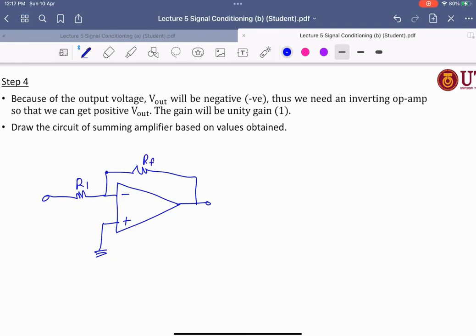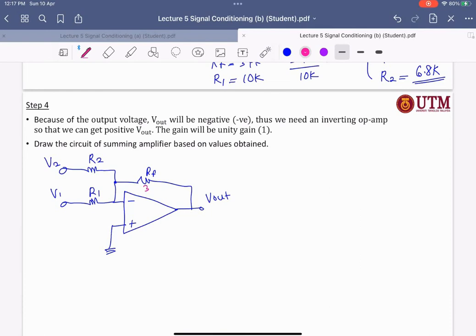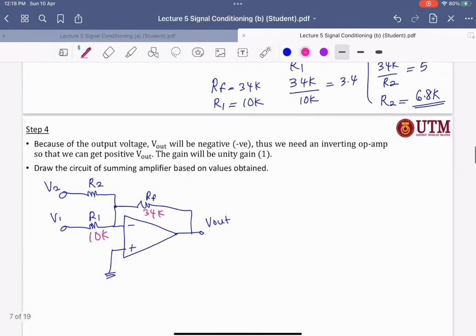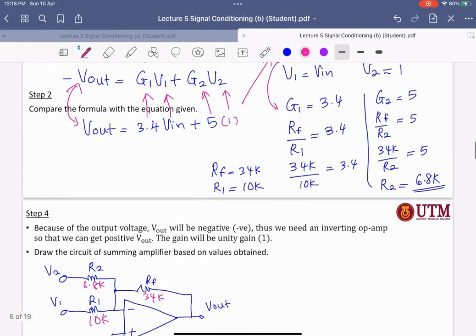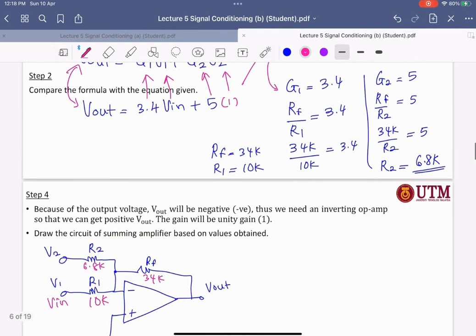Because we have two inputs, we have another resistor R2, V1, V2. This one is the Vout. Right now the value RF is 34K, R1 is 10K, R2 is 6.8K. V1 is equal to Vin, V2 is equal to 1 volt.